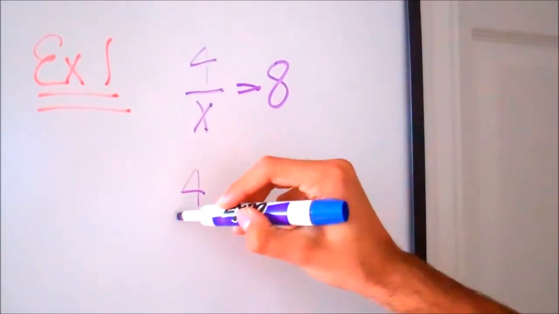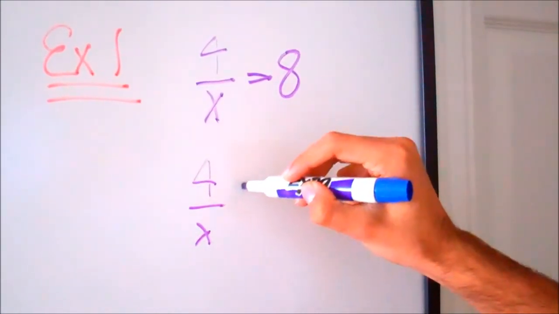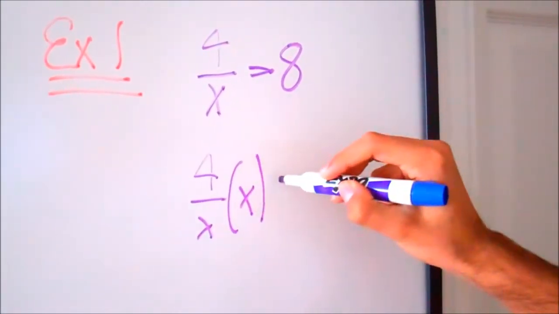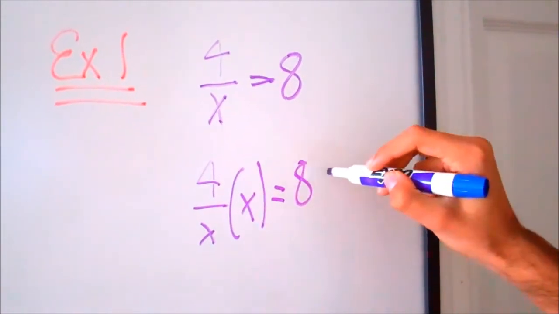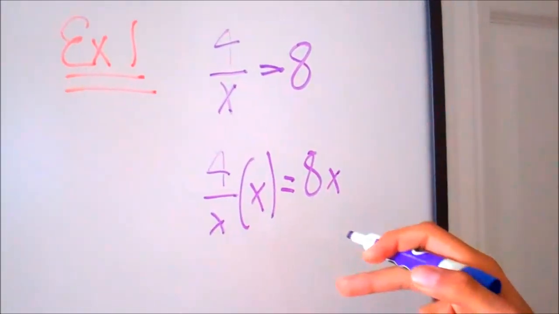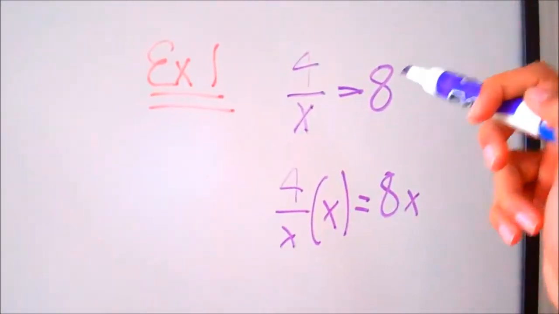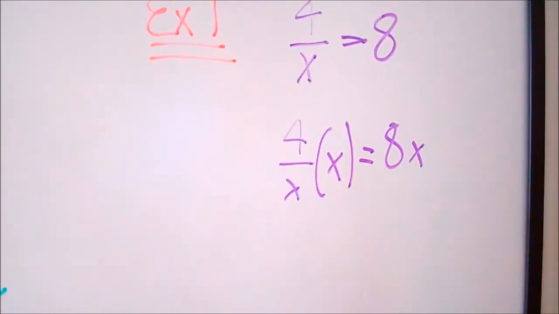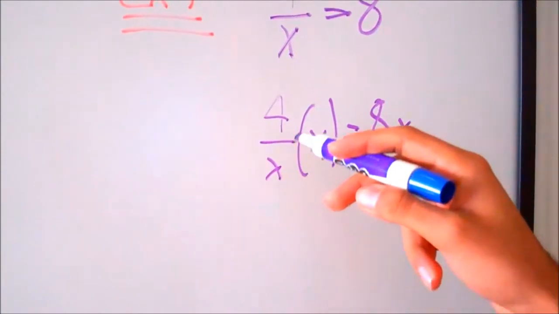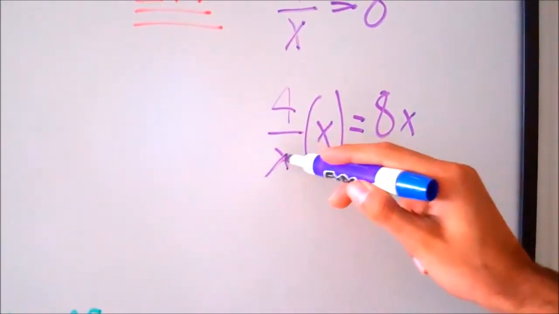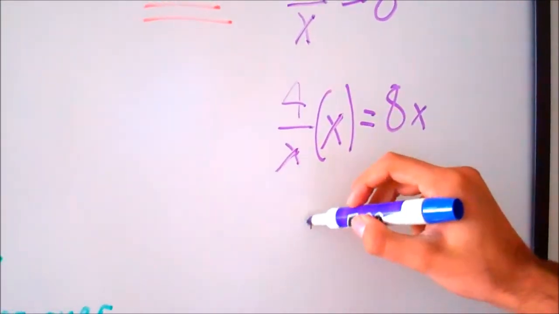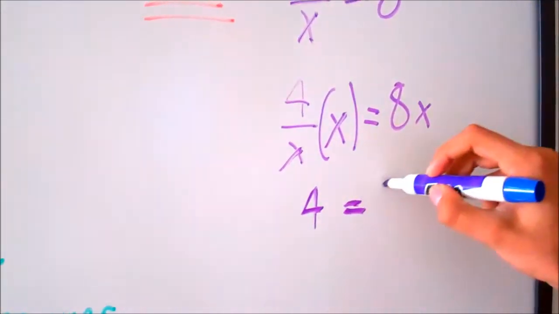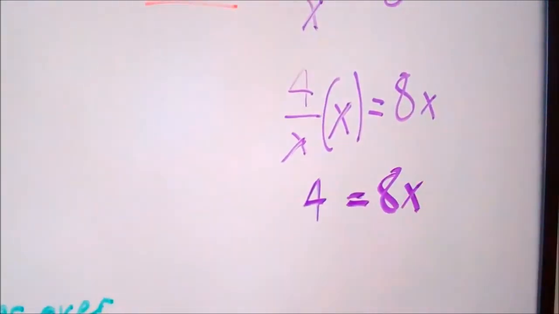So, 4 over x times x equals 8x. Now, what I did there was, since I multiplied my left side by the variable x, I had to do the same with the other side. Multiplying x and 4 over x would eliminate the fraction, giving me 4 equals 8x.